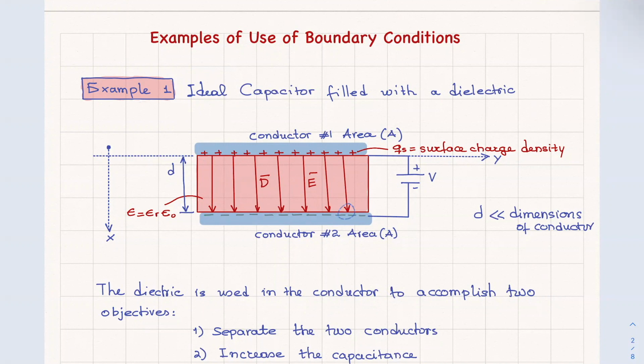So for a capacitor to fulfill these requirements, to be ideal, in other words, to not have edge effects, we need the separation between the two conductors, D, to be much smaller than the size of the conductors.